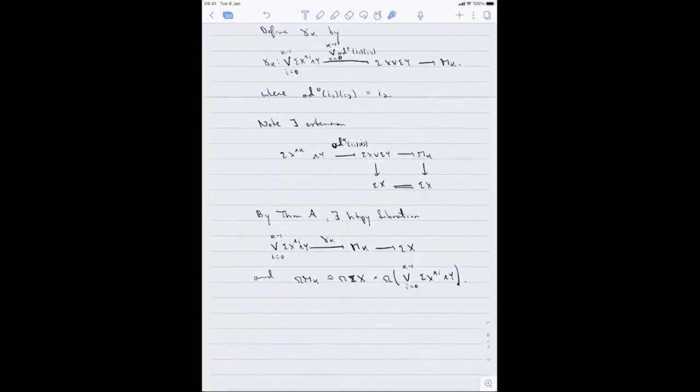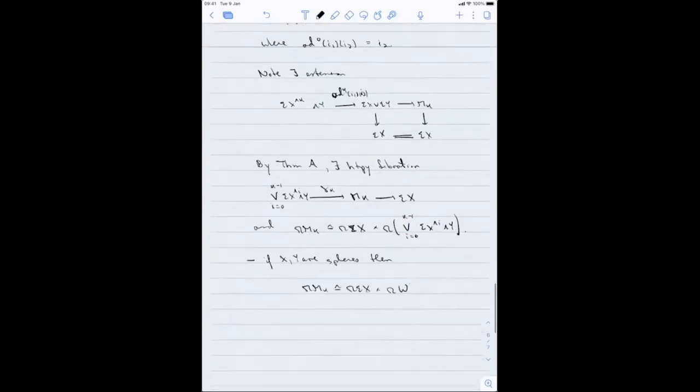If x and y are both spheres, then this becomes a wedge of spheres. So we could write loop mk is loop suspension x, so that would be loop on a sphere, cross loop on w, where w is a wedge of spheres.